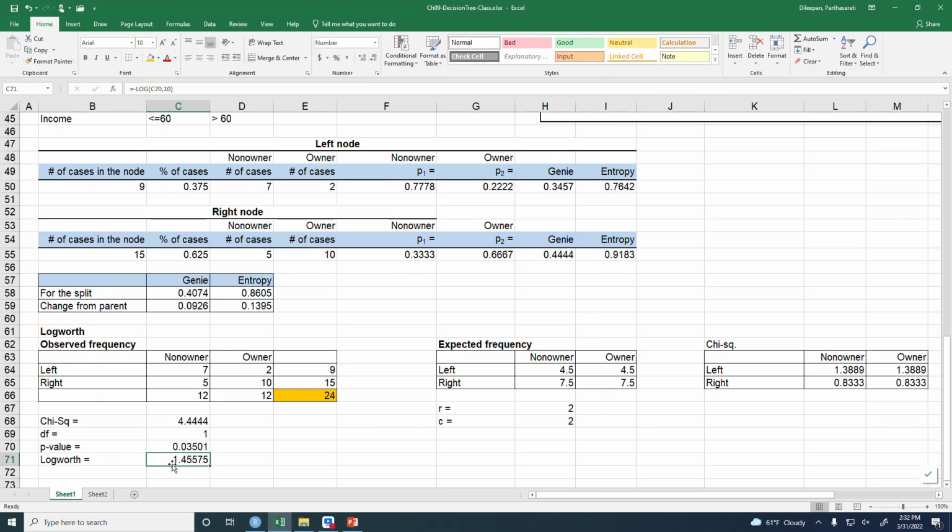So this is the log worth, and some methodologies use log worth for the purpose of comparing all the various candidates for splits. So you can have the Gini index, or it can be entropy, or it can be log worth. So like that.